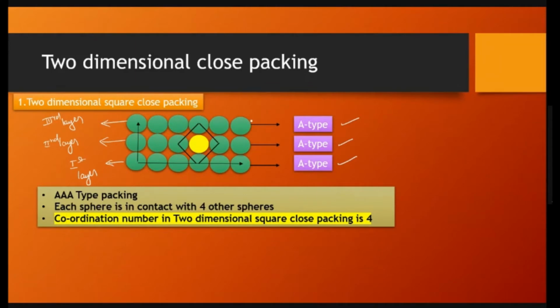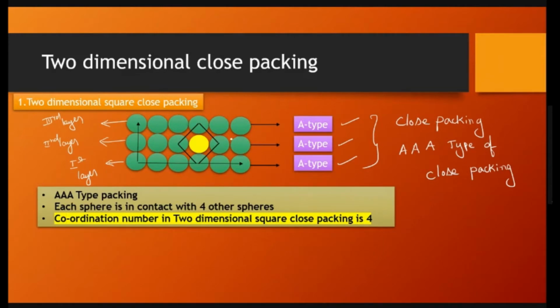Together, this type of close packing we call A type of close packing, because all the layers are similar layers.